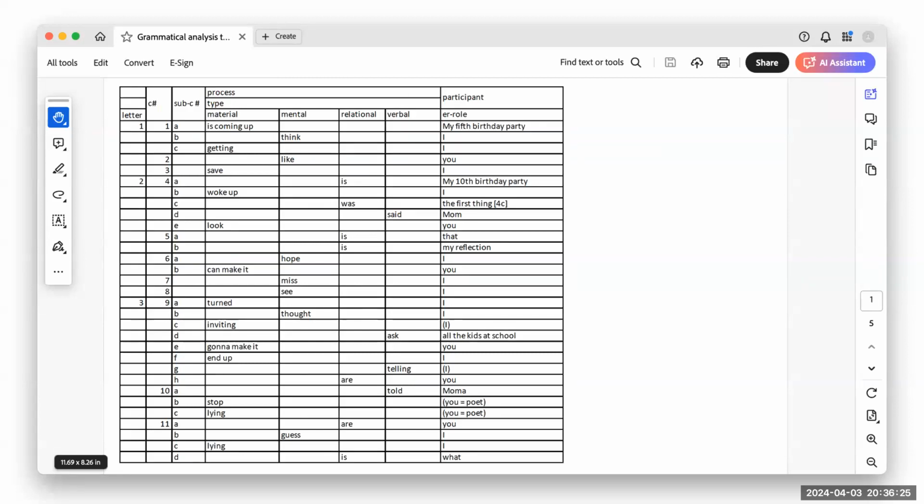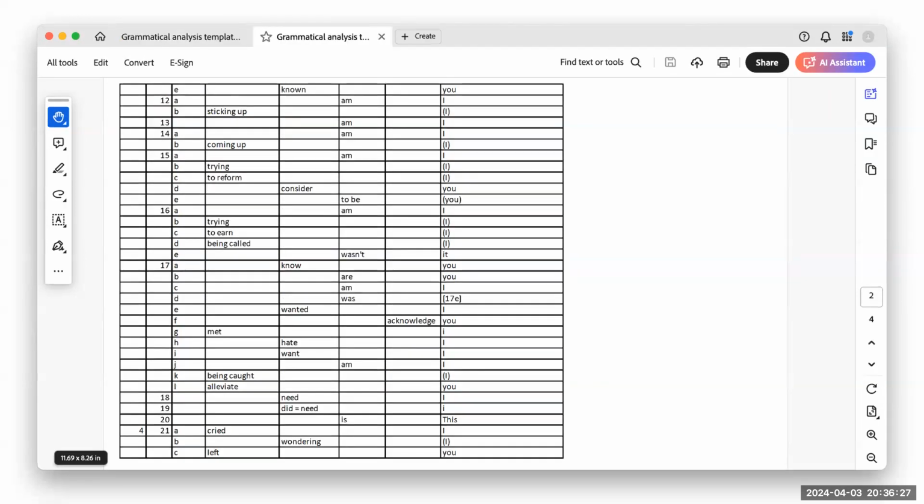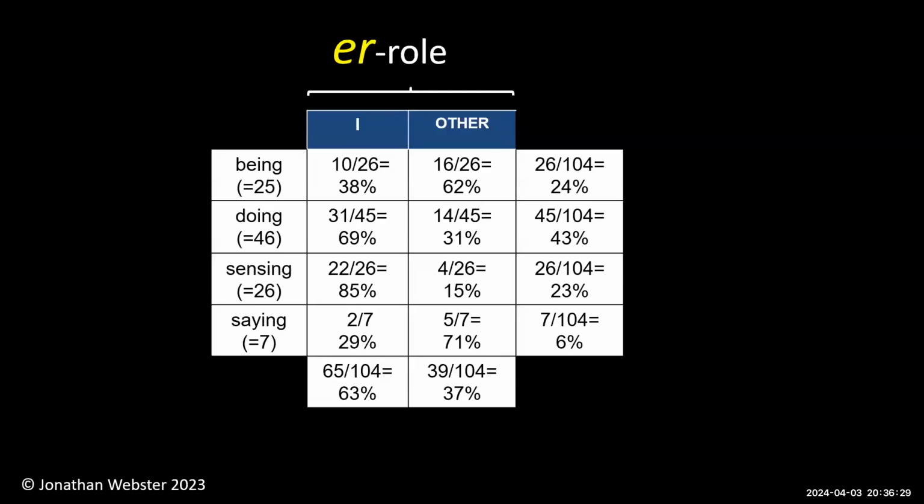Okay, then looking at the analysis. One thing that we've done for almost all the texts has been to add up how many relational, how many doing, sensing, saying.